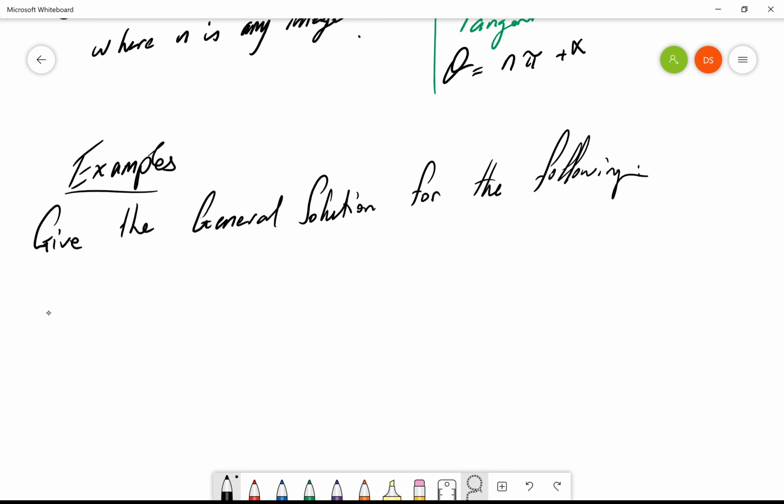Okay, so first question. Sine of x is equal to 0.4. Okay, so I'm going to use decimals in this.